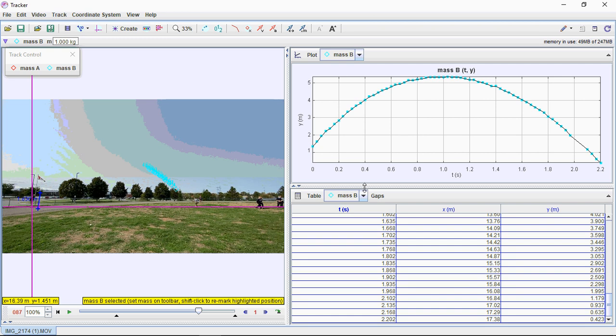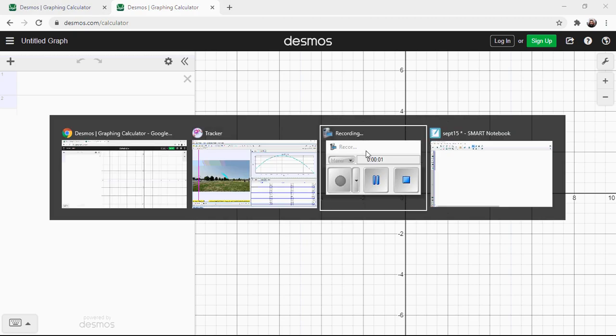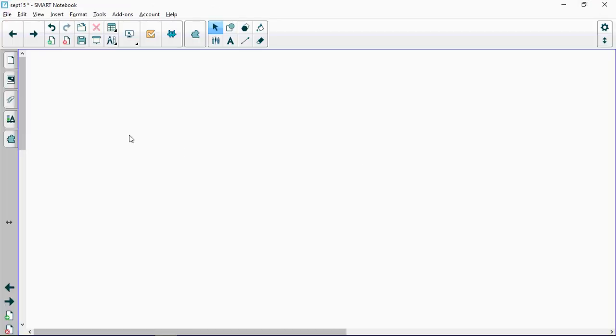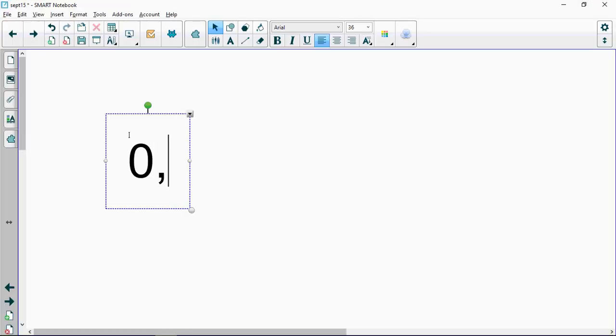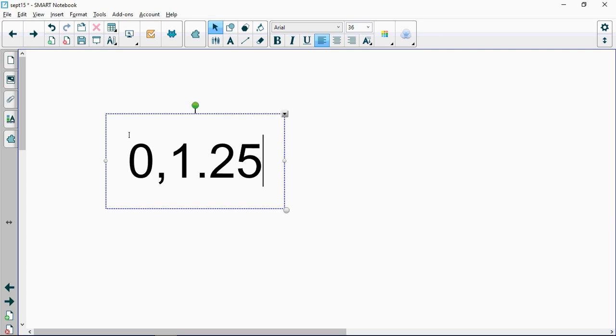Now let's get some points off of here. When time is 0, the height of the ball is approximately 1.25 meters. So our first point is (0, 1.25).